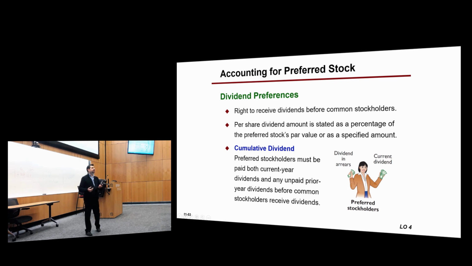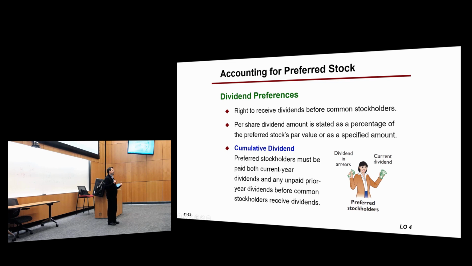For example, let's say that I have a preferred stock. I should be getting every year a certain number. Let's say that it is 8% or $2. So it could be an amount or a percentage. Let's say that it says $5 dividend per share every year.